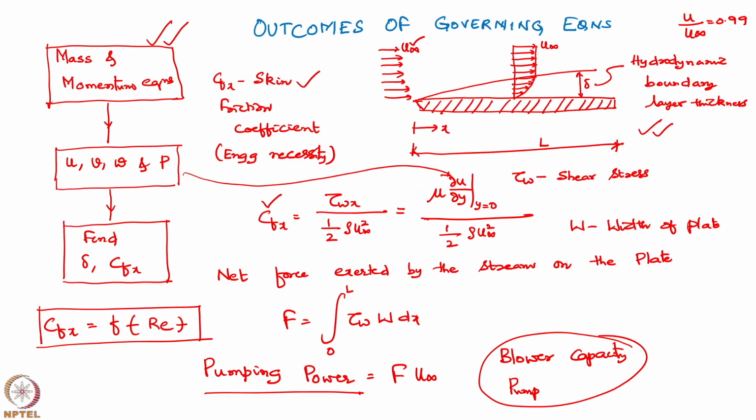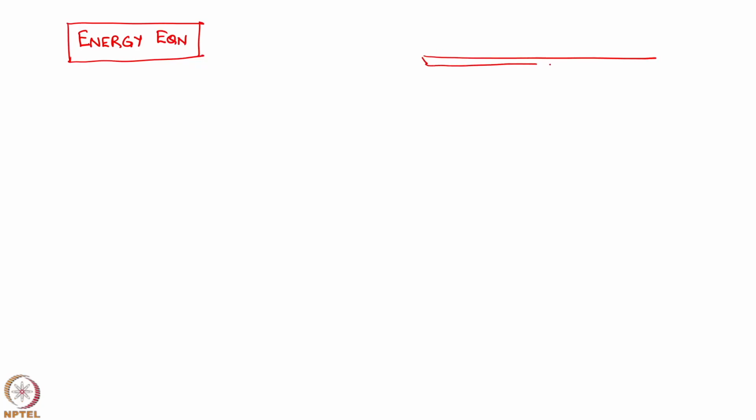So, now what we will do is, we will take up what is the utility or the outcome of the energy equation. For the energy equation, what I am addressing is, I take flow over a flat plate again, and this flat plate is maintained at a higher constant temperature Ts.